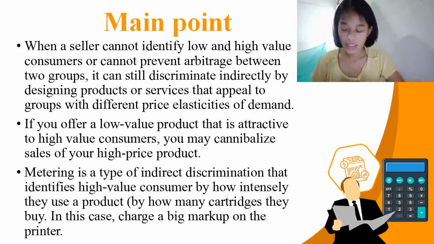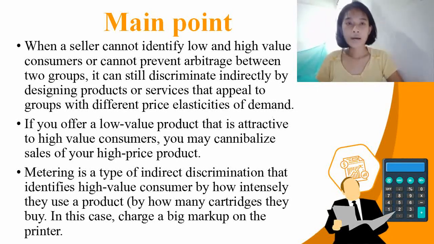So dito, kapag yung seller hindi niya ma-identify yung mga low and high value, pwede siyang mag-discriminate by designing products na maka-appeal sa mga low value consumers and high value consumers.